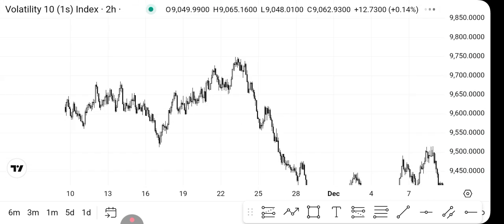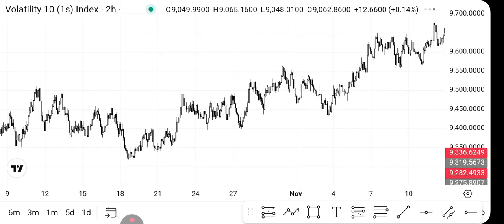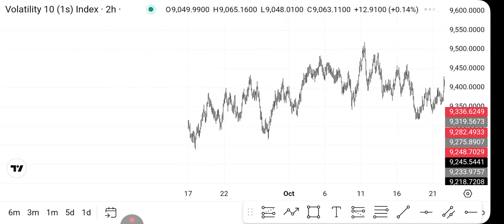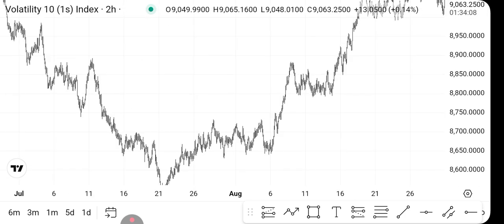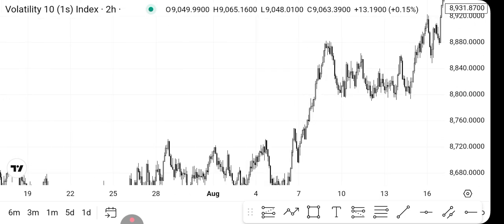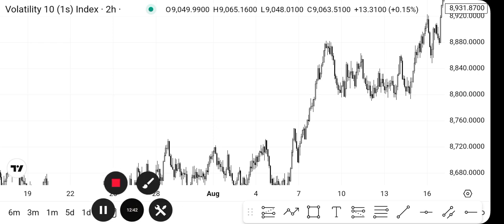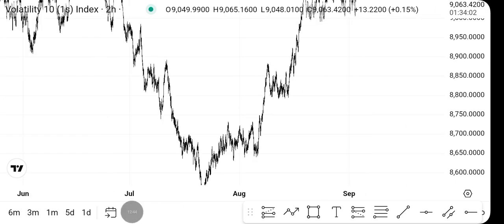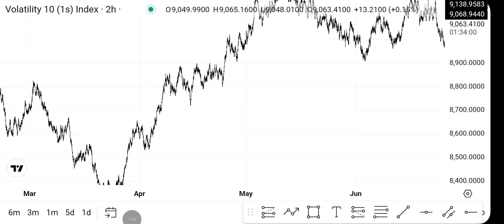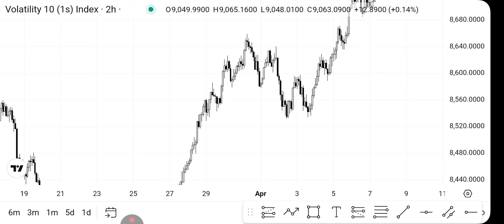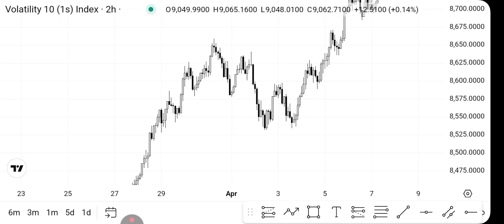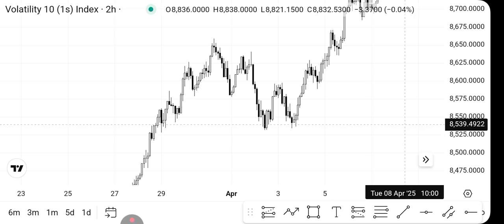See if there's any other one. Okay, let's see if we have one for a buy. Okay, this is one here.